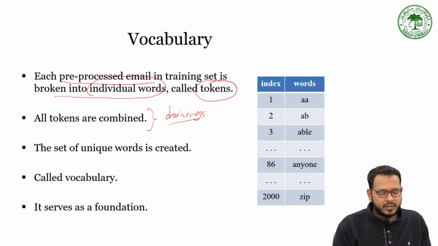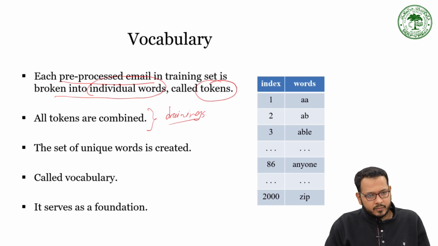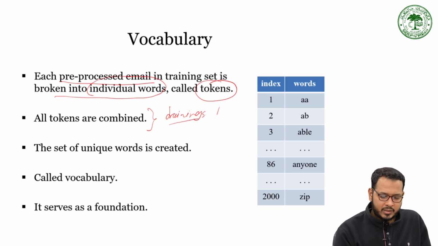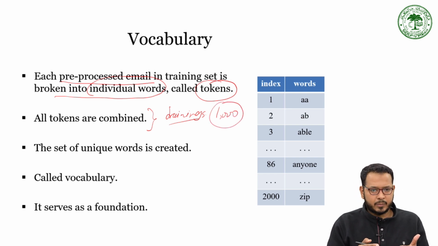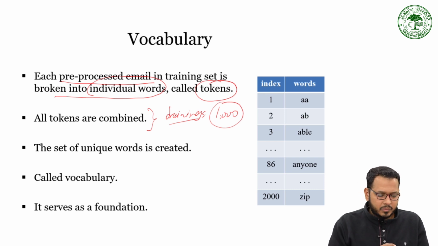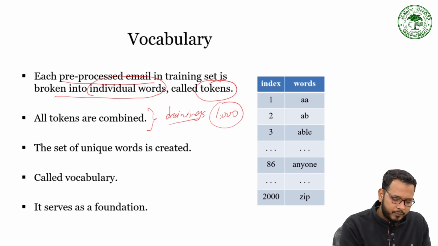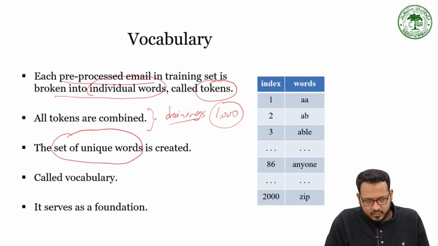are combined together. Let's say there are 1000 emails in the training set. We take all the words after pre-processing which are available in these 1000 emails, combine all of them together, and out of them fetch the set of unique words.